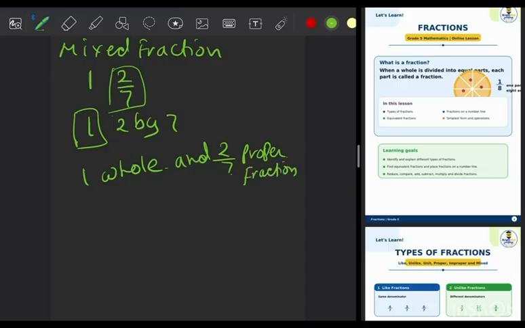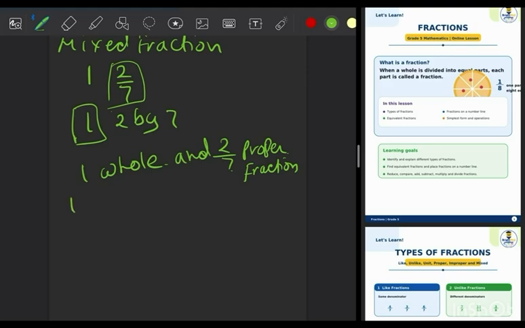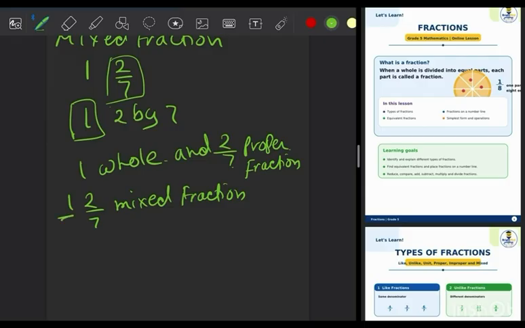So 1 2 by 7 is a mixed fraction because it has two parts: one whole part and one fraction part. It has a whole number and a proper fraction.